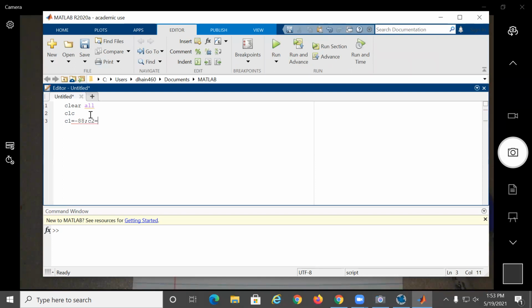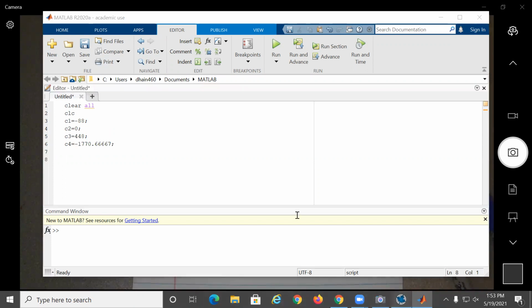C2 is equal to what? 0. C3 is equal to 448 and C4 is equal to negative 1,770.66667, whatever.